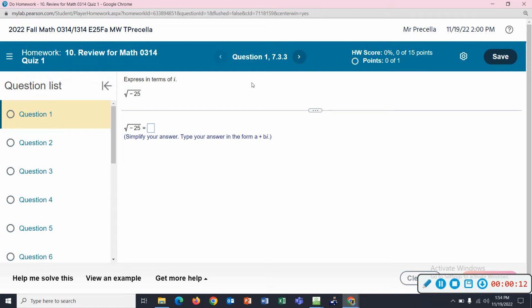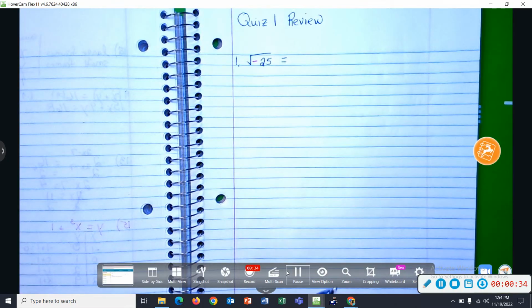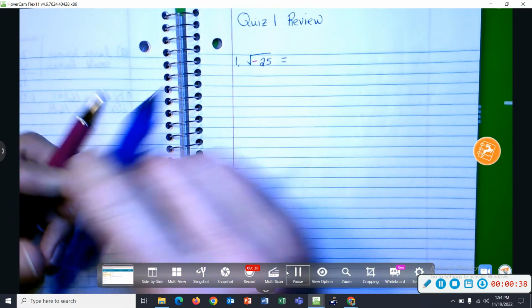Problem number 1 looks like it's an imaginary number problem. The square root of negative 25. Well, there's not a whole lot of paperwork to get this answer. We said that the square root of a negative number is an imaginary number.